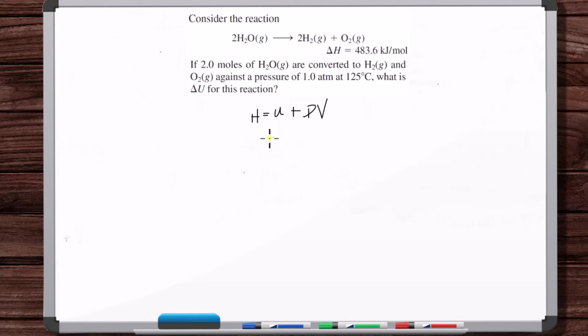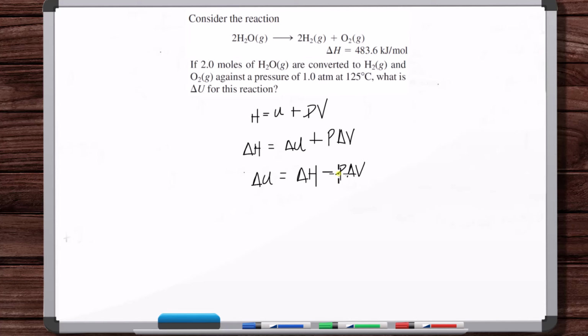But just starting from the definition of enthalpy, if we now look at the change, delta H equals delta U plus, at constant pressure, P delta V. So delta U is equal to delta H minus P delta V. We already knew this intuitively, because enthalpy is just internal energy plus the pressure volume work done by the system on the surroundings, or vice versa.